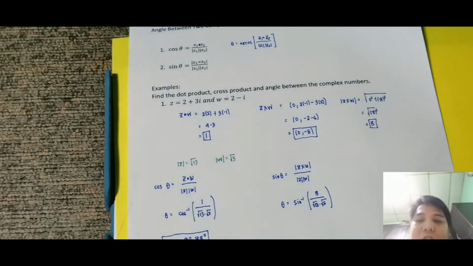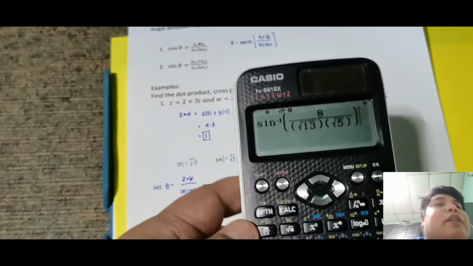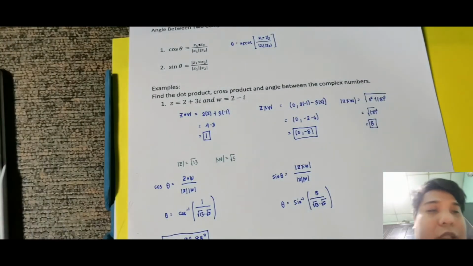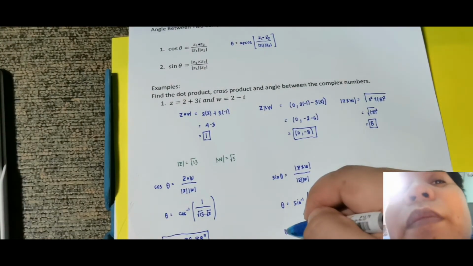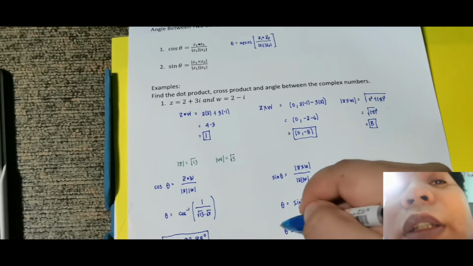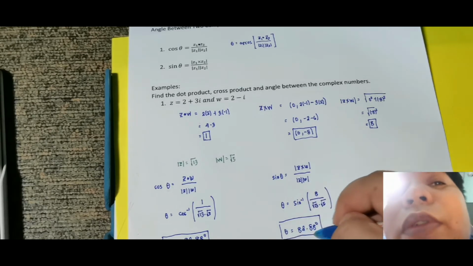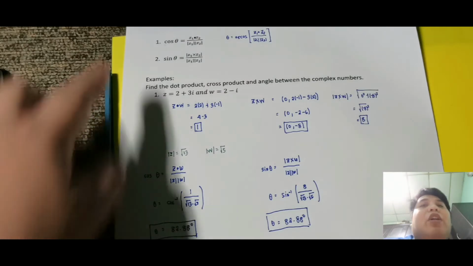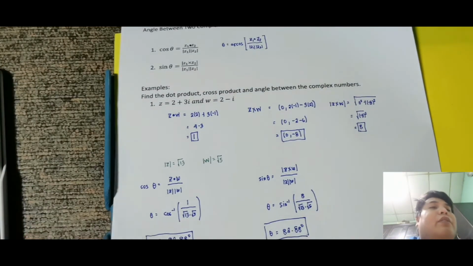Calculate lang natin, that is arc sine ng 8 over square root of 13 times square root of 5. Check natin ang value, that is 82.8748, which is the same kanina. So theta is also equal sa 82.88 degrees. Parehas naman, so legit yung dalawang formula. Kayo, bahala na kayo kung anong pipiliin nyo. Ganyan siya kasimple.